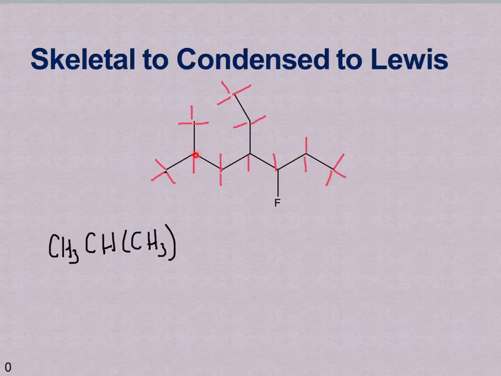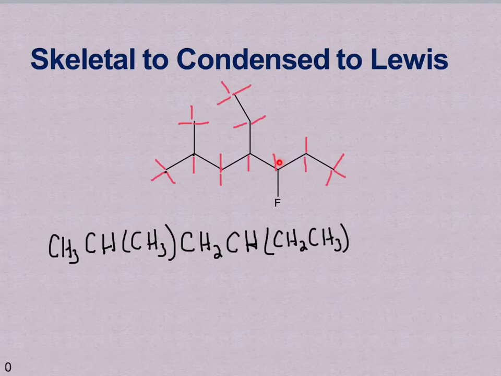Then I go to my third carbon, I have CH2. Next I have CH, but now I have a side group on this carbon, and I'm going to write this as CH2CH3 because it's an ethyl group. It's a 2-carbon group there. Then I go on to the next carbon here that also has a side group.